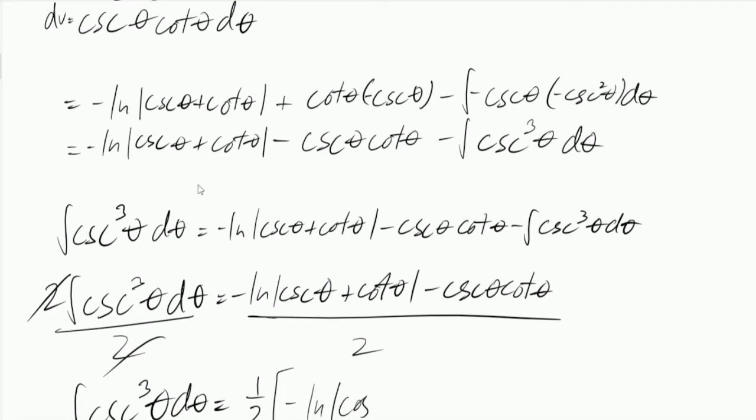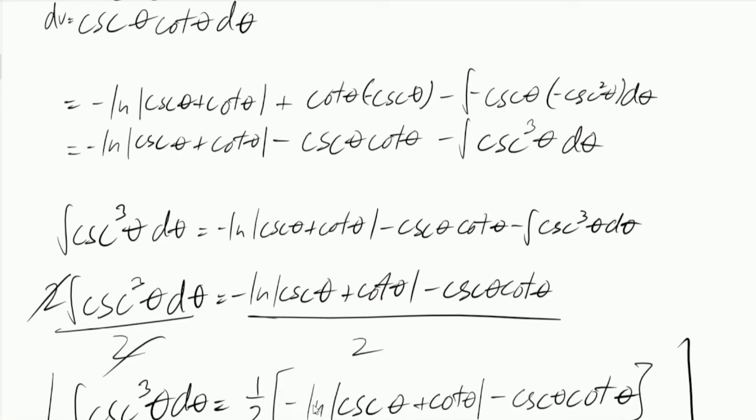That too. Cosecant theta plus cotangent theta minus cosecant theta cotangent theta. So as you can see, this is the final answer: 1/2 times negative ln absolute value of cosecant theta plus cotangent theta, minus cosecant theta cotangent theta.